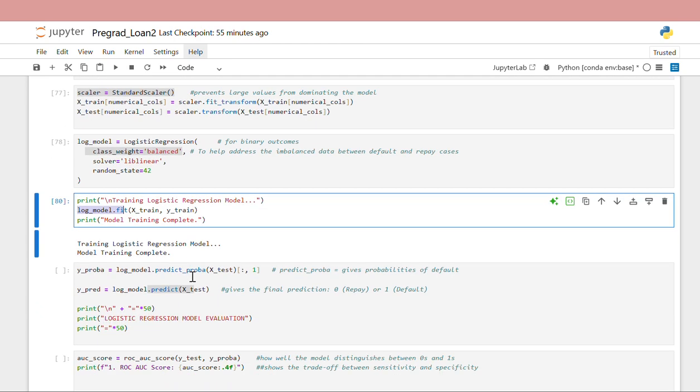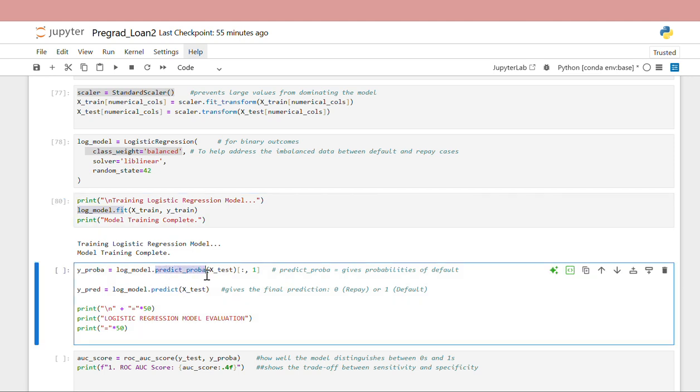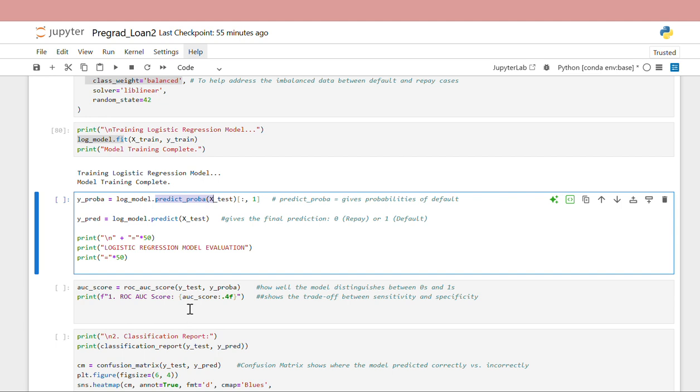After training, I used the model to make predictions on the test data using predict function and predict_proba function. The predict function gives the final output 0 for repay and 1 for default, while the predict_proba gives the probability of defaulting. To check how well the model performs, I used several evaluation metrics.